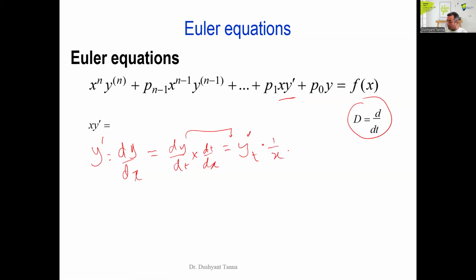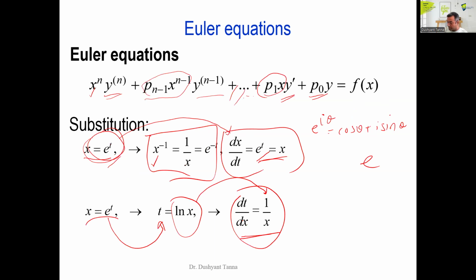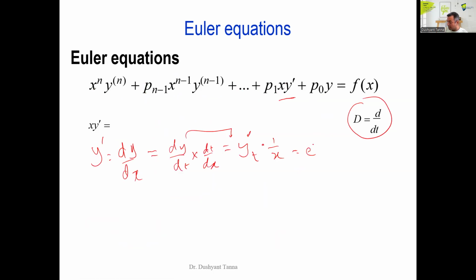Okay, what is 1 on x? Again, up here we have written 1 on x is e power minus t. So we'll write e power minus t along with y dash t. Now we wanted to use this d by dt. If you don't want to write y dash t to avoid any confusion, you can always go with dy by dt. That's also fine. Let's keep it dy by dt so we avoid some confusion, right?